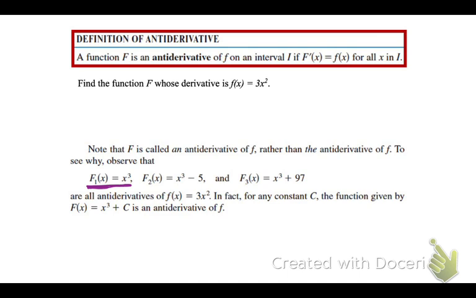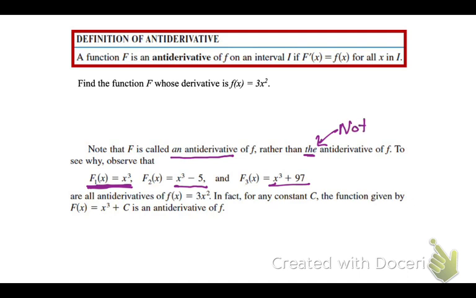Okay, so what we have here is we had f equal x cubed, correct? But couldn't it have been x cubed minus 5? Could it have been x cubed plus 97? Yes, because the derivatives of those constants are zero. So what we had actually was an antiderivative, not the antiderivative. Does that make sense?